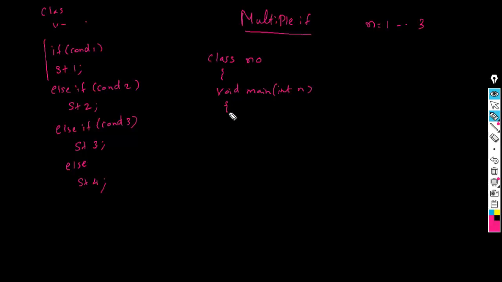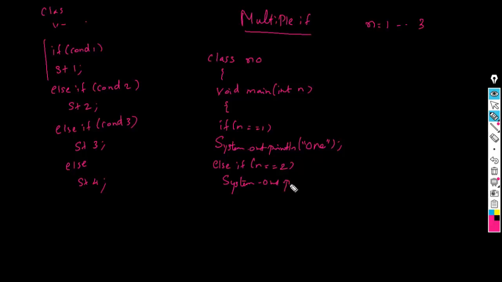Okay, so here if n equal to 1, I print System.out.println, I print it as one. Okay, the first condition is over. Else if it is equal to 2, System.out.println, I write it as two.